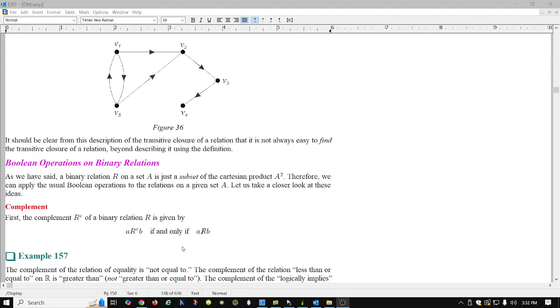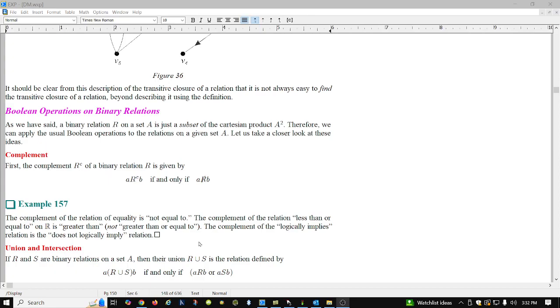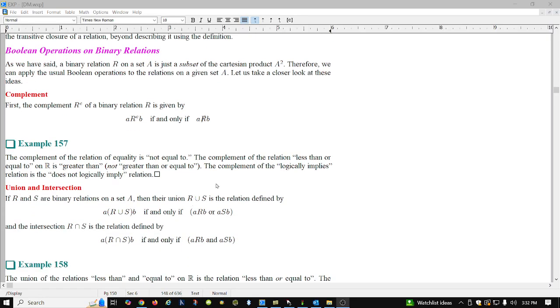Well, let's take a more complete look at Boolean operations on binary relations. The complement, R^C, of a binary relation R is simply given by A R^C B if and only if not A R B. So the complement of the relation of equality is not equal to.